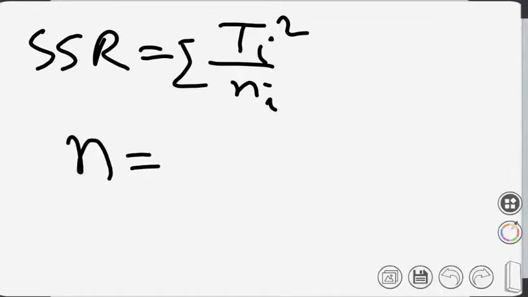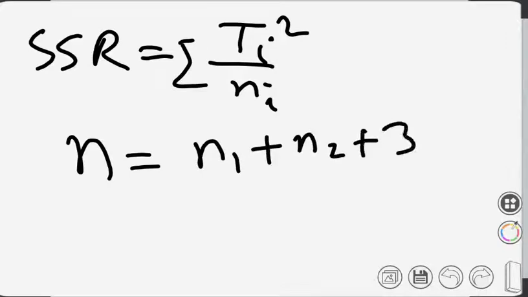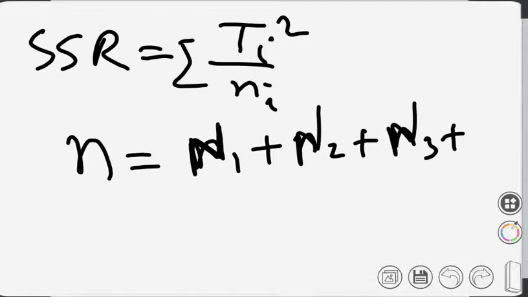N is N1 plus N2 plus N3 plus N4, or it's better to write it this way, capital N1, because for rows I am writing capital N, N2 plus N3 plus N4 in this particular example.